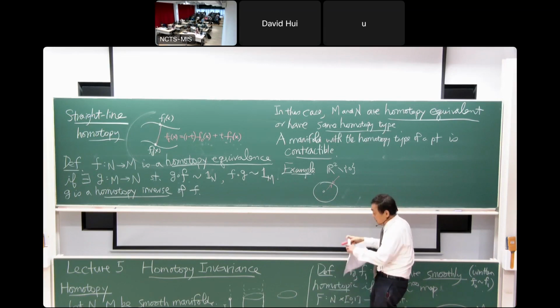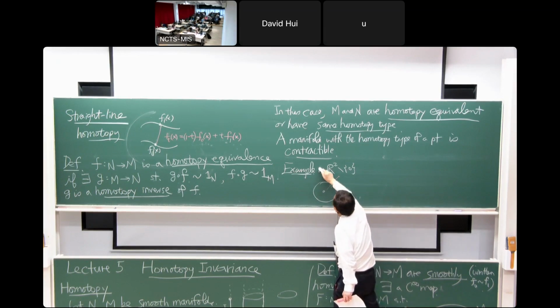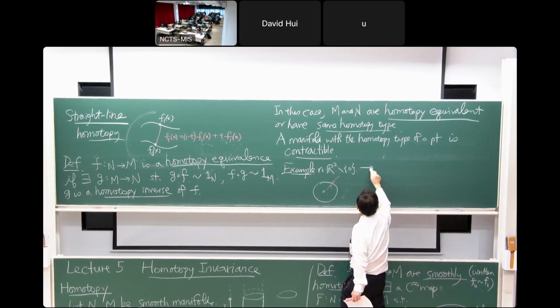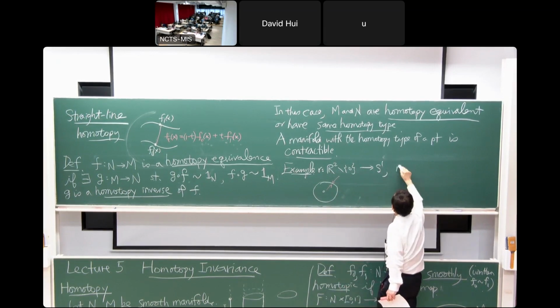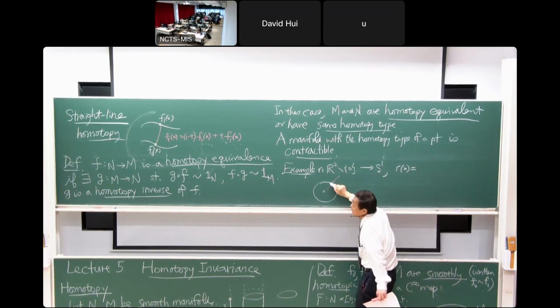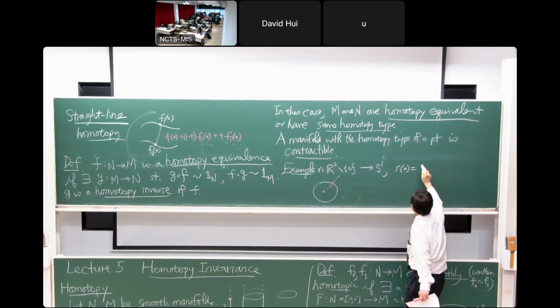So what is the formula? I can define R, that goes from the punctured plane to the unit circle, by R of x. You just divide it by its length, right?